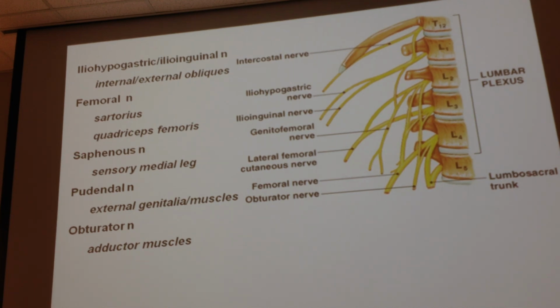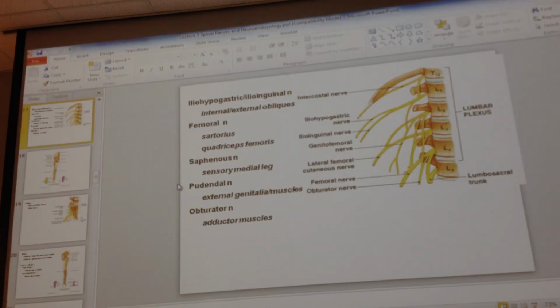You don't have to identify it in lab, but it's not one of the structures that are listed. Pudendal nerve. When we get to lab, I'll show you the passageway. Pudendal actually, let me take this one here. Pudendal nerve belongs in the next plexus. So I'm going to take that one out here. It should be in our next plexus.